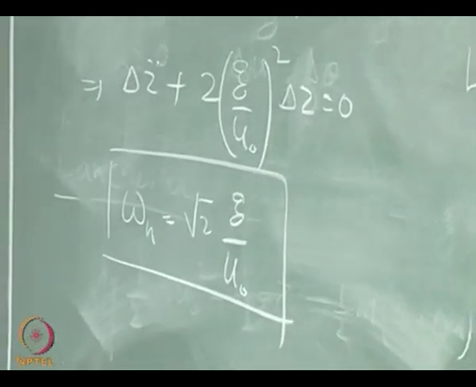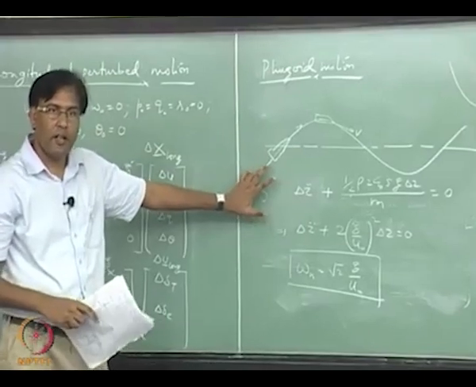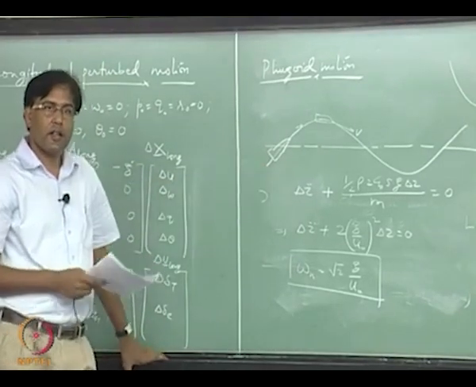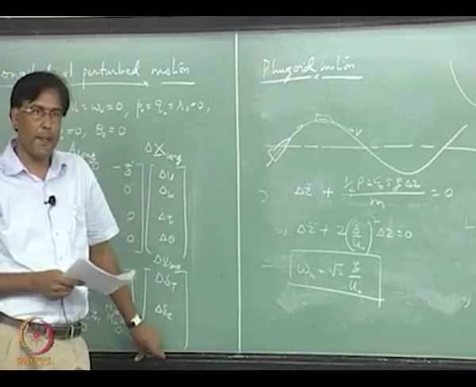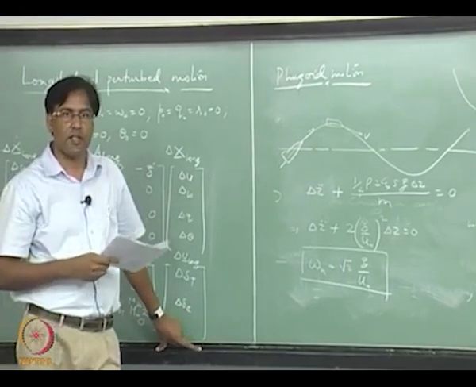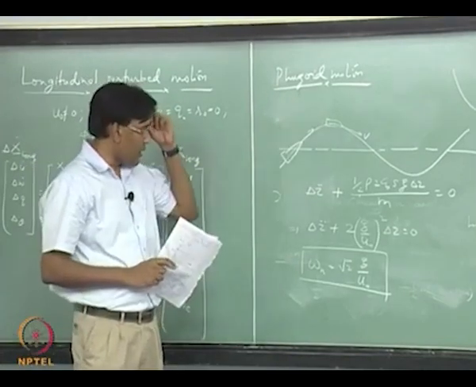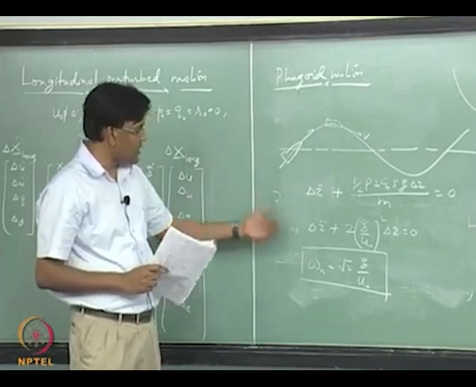So, then there is an assumption involved here, right, and that is there is no change in angle of attack, there is no pitching motion involved in this, but what we have neglected here is the damping.